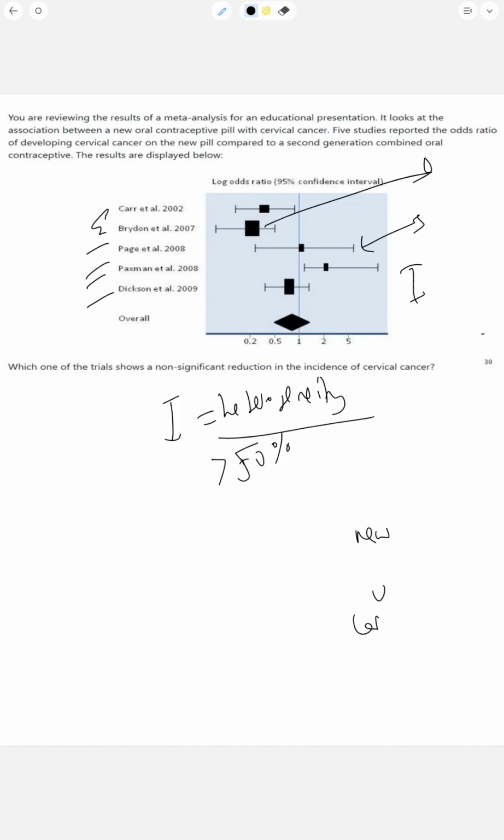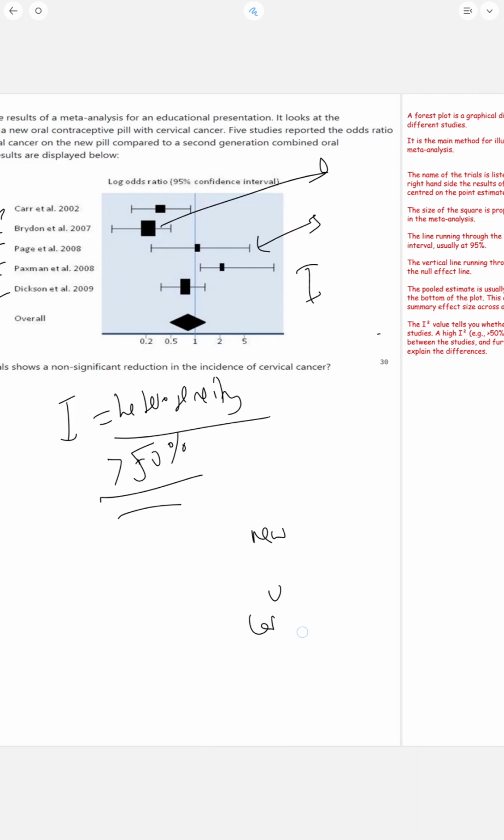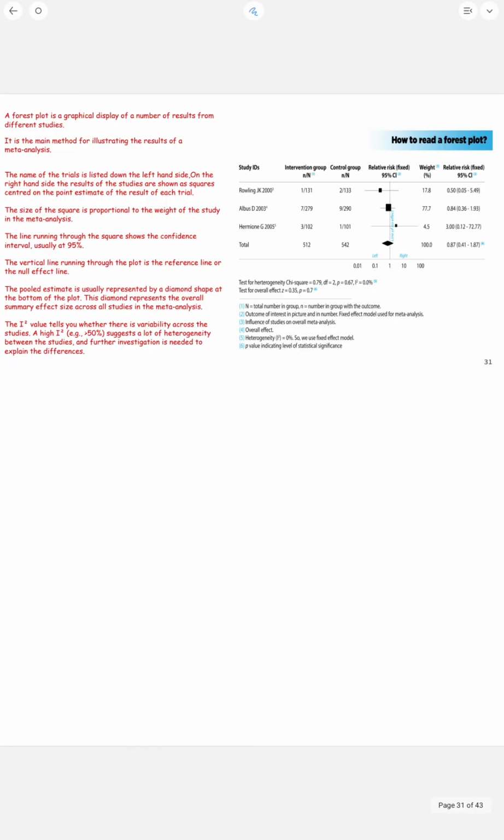Because say you're going to say overall the new OCP was not associated with an increased risk of cervical cancer, but there was a massive heterogeneity in the studies, right? Meaning the studies were not very similar, so your conclusion might not necessarily be accurate. All right, guys, so that's how forest plot questions are usually asked, and that's how you interpret the forest plot questions.